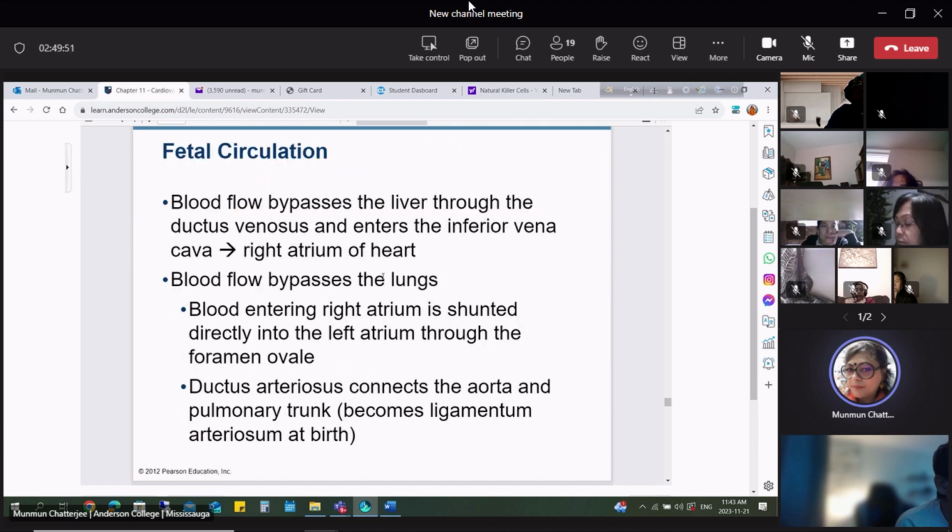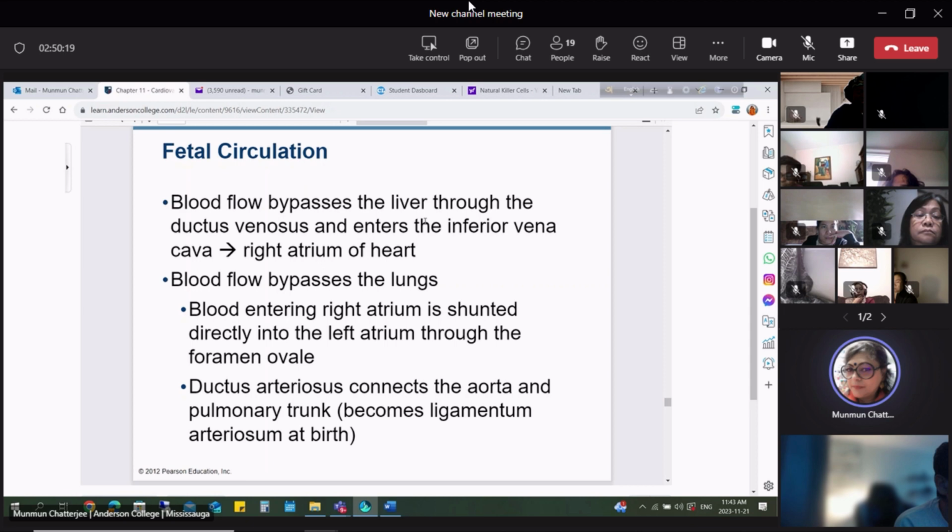Okay, so there is the ductus venosus. What is this one? There is a foramen ovale. What is this one? During fetal development, the blood flow bypasses the liver because the liver is not mature enough.